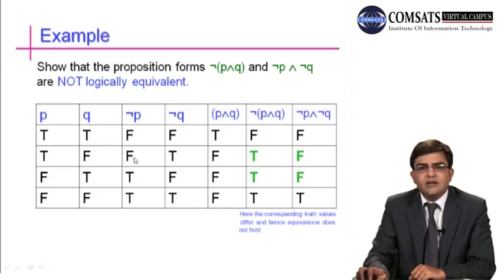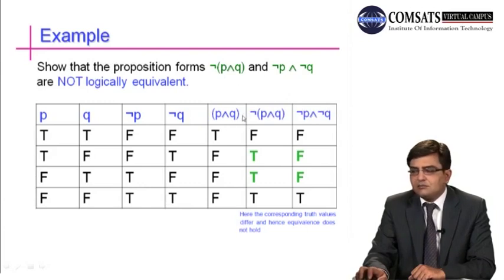Here we have false, here obviously we will have true, here false, true. And then not Q: corresponding to T we will have F here. For F we will have T, for T we will have F, and for F we will have T. Now we need P and Q.